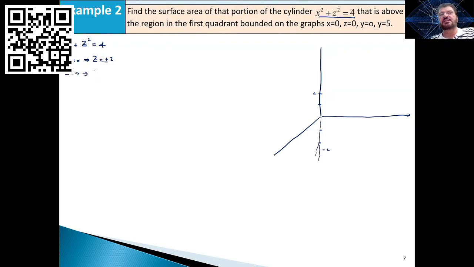We get x is equal to plus or minus 2. On the x-axis, here is 2. In the back, here is negative 2. So what do we have, guys? Remember, this is a circle of radius 2, isn't it? This one is a circle, but between x and z, here is z. So let me try to be accurate here.